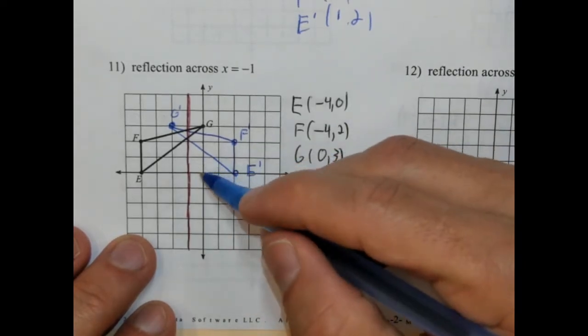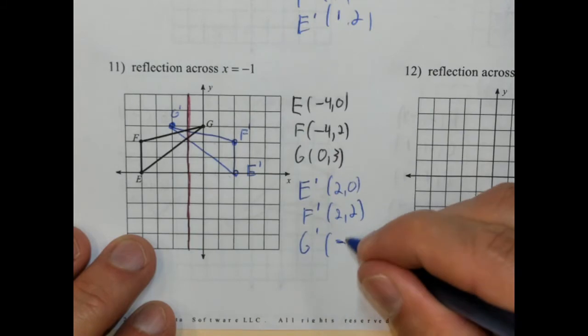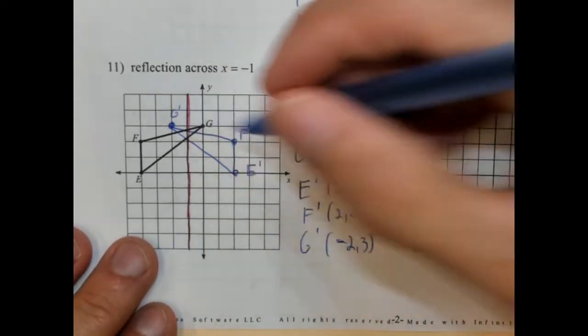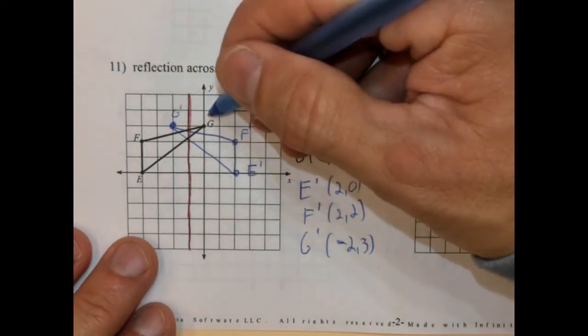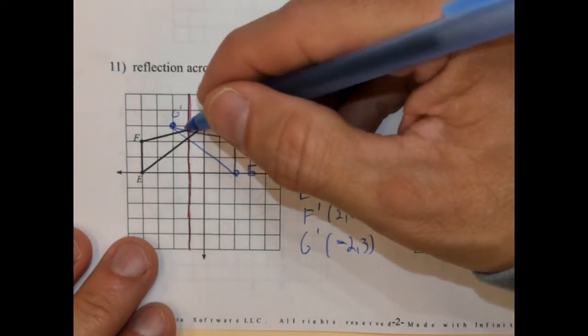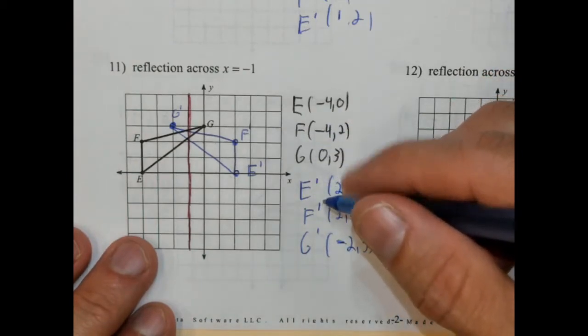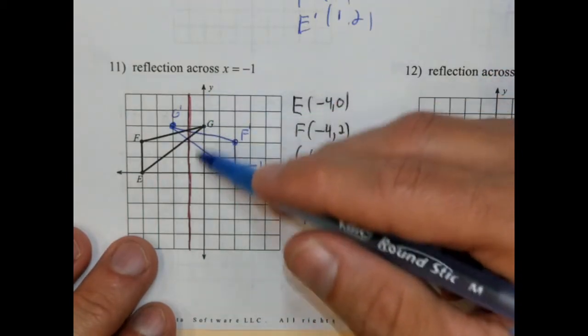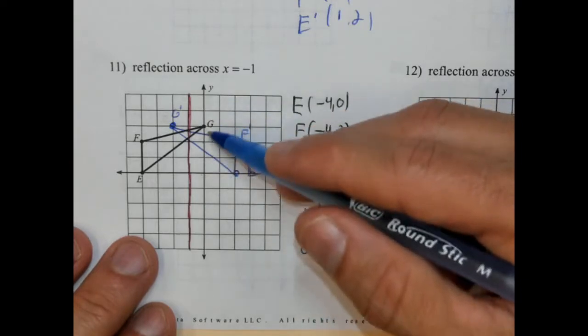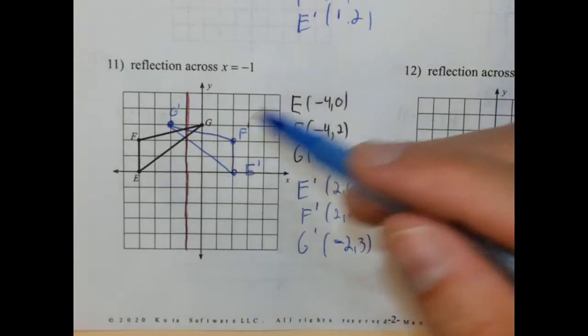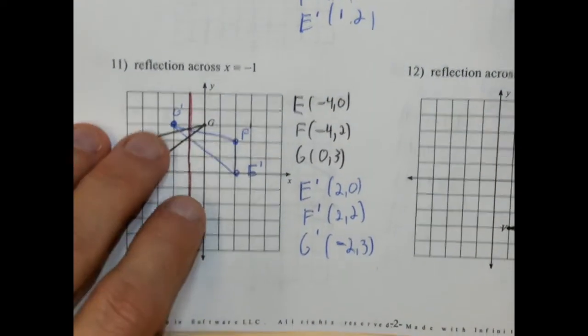And G prime is negative 2, positive 3. Okay, so when you're doing these, make sure you highlight the line of reflection. You count the distance away for your pre-image, and then go the opposite direction with the same distance for your image. And when you're writing the coordinates down for the image, make sure you're careful, because if the line's next to either axis, it can be very easy to think, oh, this is the origin, but this is not the origin. That's the origin. So just be careful of that. It's something to keep your eyes open for.